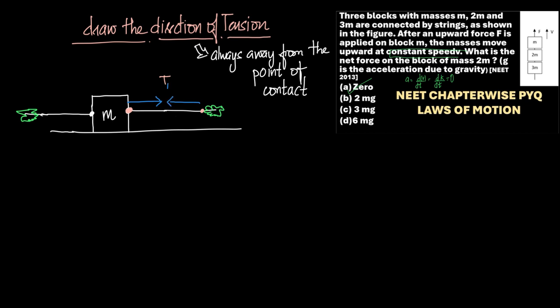Let's do one more case. There are two points of contact here. So where will tension act? Acting away from the point of contact, say T2. Again, we have a point of contact here, acting away from it, tension T2. Okay, simple example.